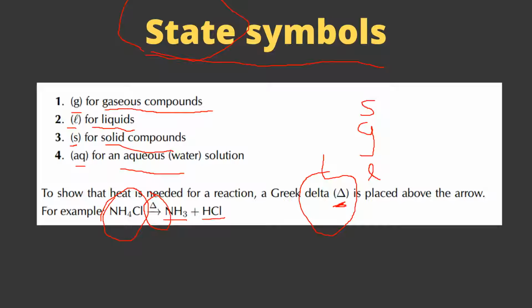And you can already tell, because we've spoken about this in the last video, that this would be an example of a decomposition reaction, because this ammonium chloride is broken up into ammonia and hydrochloric acid, right? So let's look at a few examples.